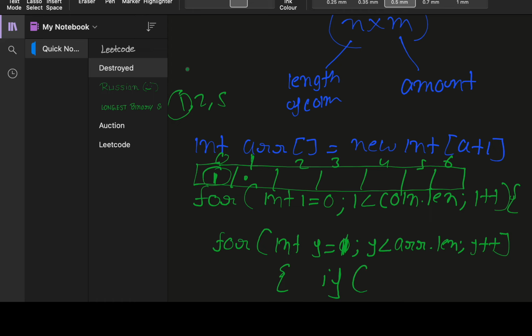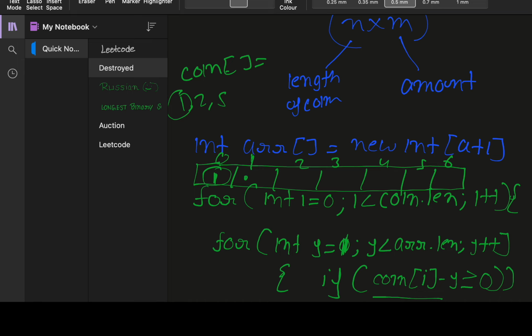And if we see the condition, if coin i minus j is greater than or equal to 0, that means we cannot get any number in minus.